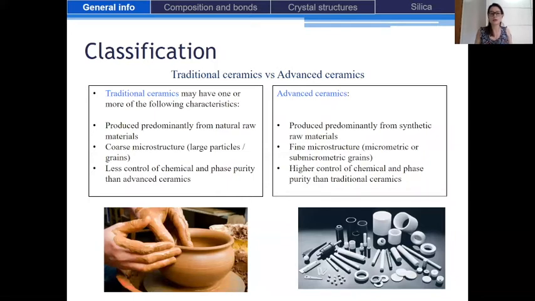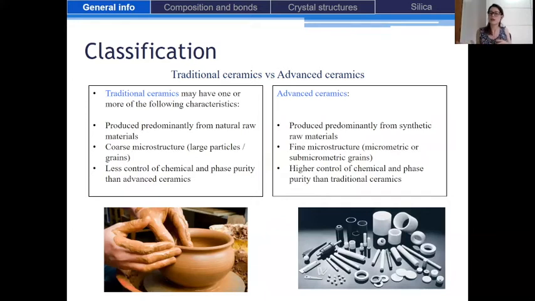So continuing on the classification, traditional ceramics versus advanced ceramics. Traditional ceramics may have one or more of the following characteristics. They are produced predominantly from natural raw materials, as we will study. They have a coarse microstructure, so large particles, large grains, and less control of chemical and phase purity than advanced ceramics.